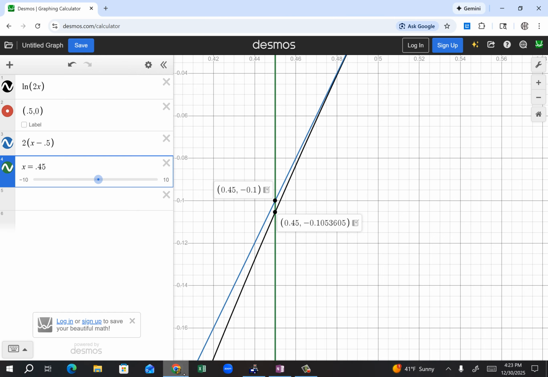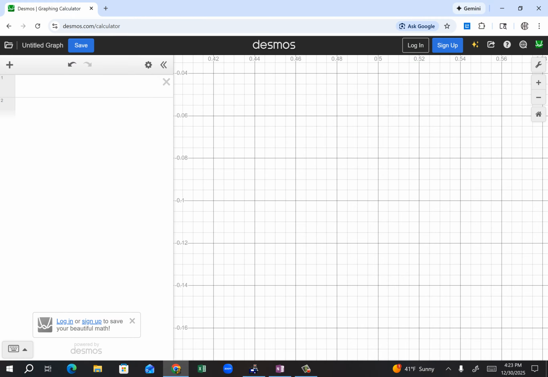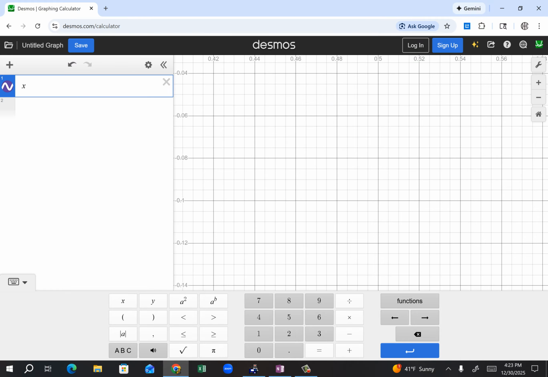Let's see if that looks right. x squared minus 6 divided by x squared minus 3x plus 2.